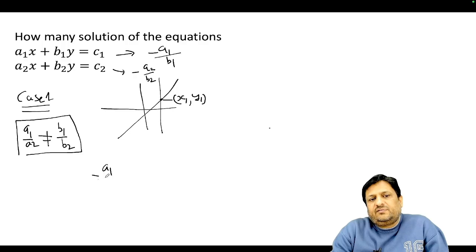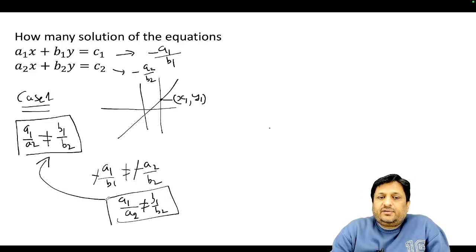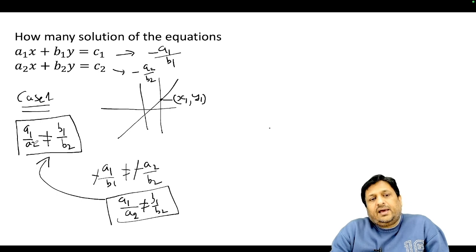So minus a1 by b1 must not equal minus a2 by b2. We can cancel the negative sign, and after cross multiplying, we will get a1 by a2 must not equal b1 by b2. We will remember this final result: the condition for getting a unique solution is a1 by a2 must not equal b1 by b2.